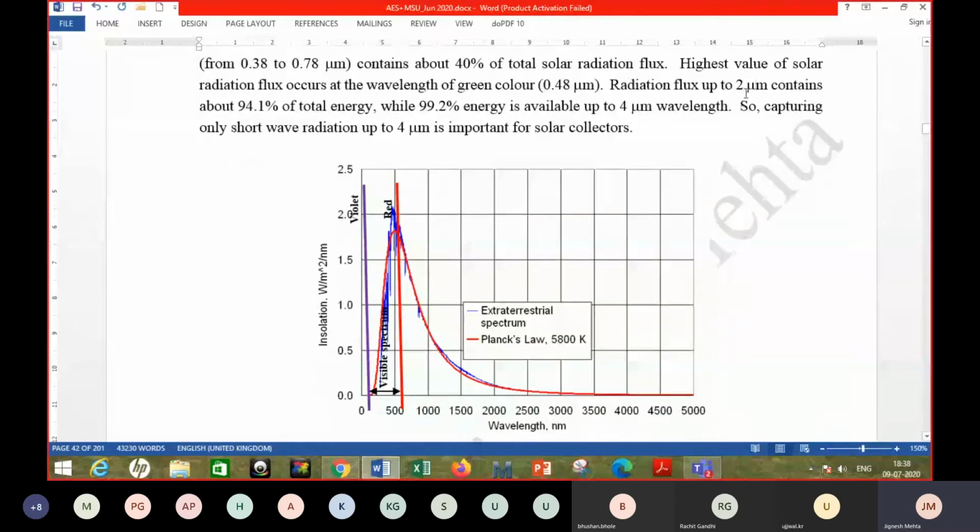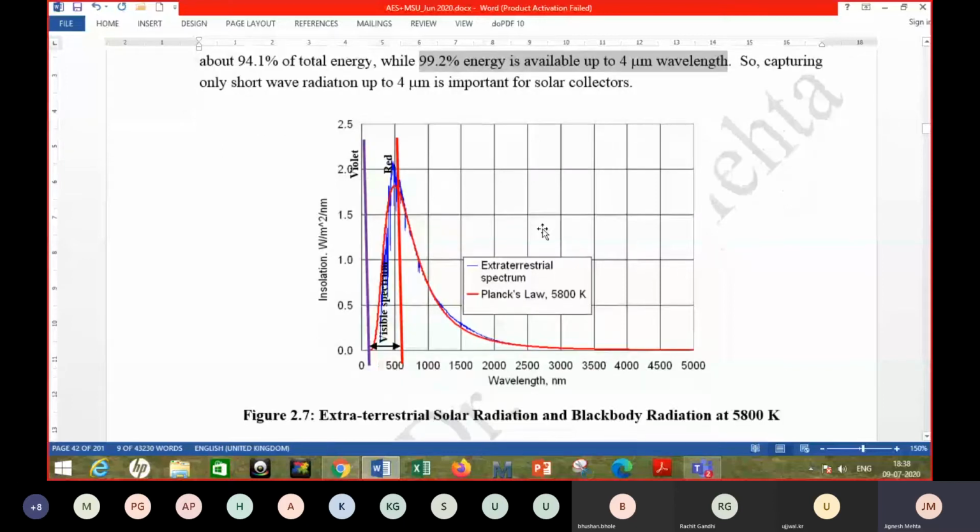Radiation flux up to 2 micrometer contains 94.1% of the total energy available in the sun's radiation, and up to 4 micrometers, 99.2% of the energy is covered. You can see this 4 micrometer means 4000 nanometer.